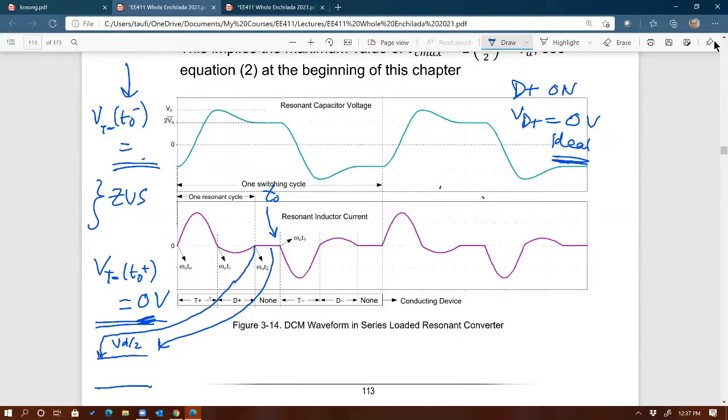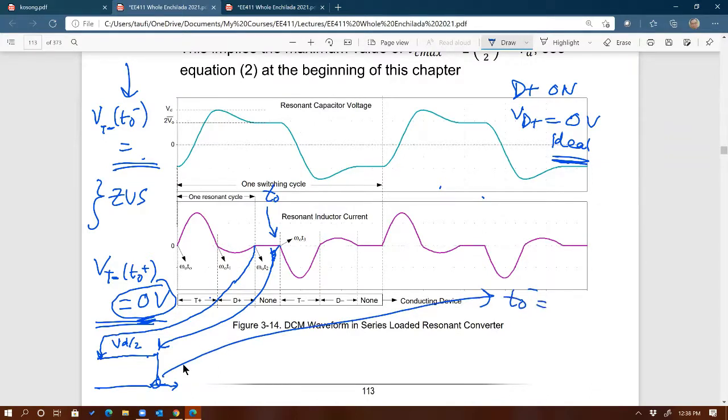So starting from here, when you turn on the switch, the voltage across T minus is going to drop right away, because it's 0 volts. See that at 0 volt after the switch conducts. So it drops from some high value VD over 2 immediately to 0. What happens if you zoom in to that point at T0 minus?